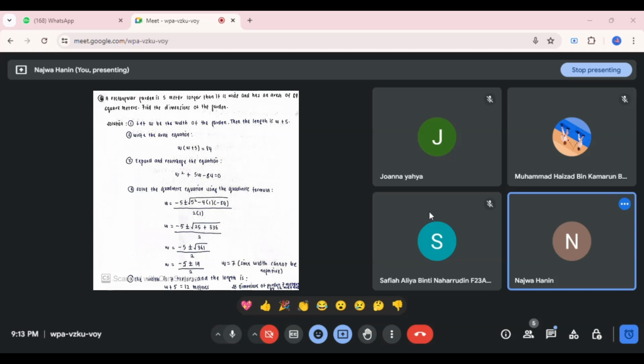Number 4, solve the quadratic equation using the quadratic formula like this. So W we get 7 since width cannot be negative.